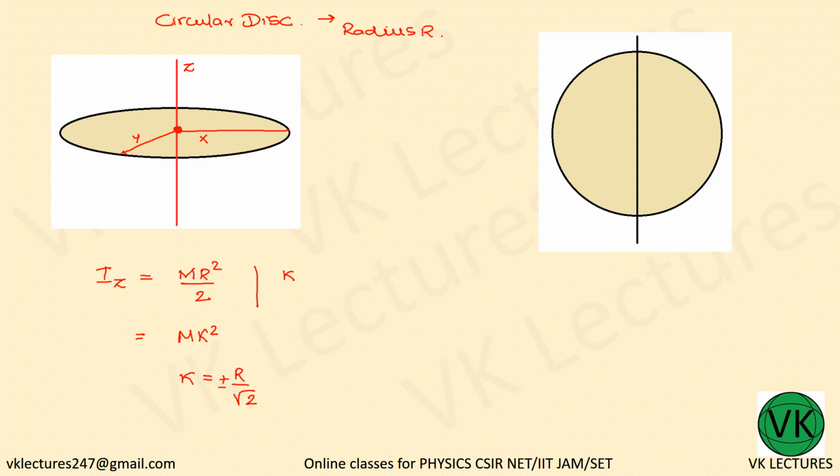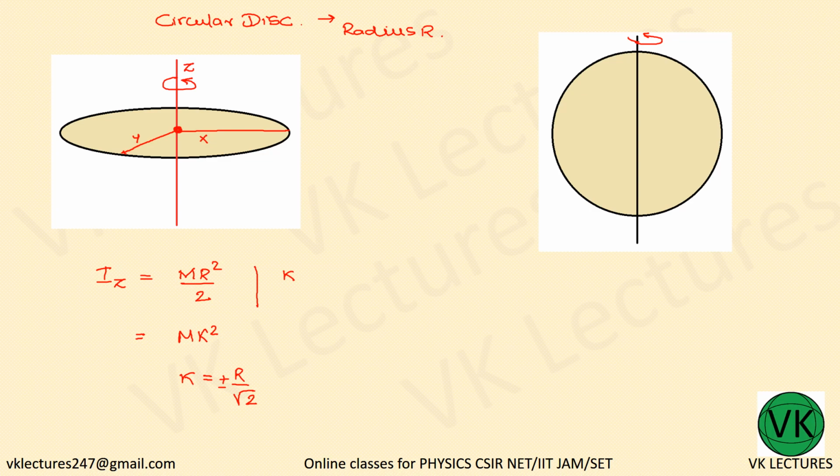Now when you place the disc along the diameter, that means the rotation is along the diameter, so this will be the rotation. When you rotate this disc, you will feel that it's a sphere.